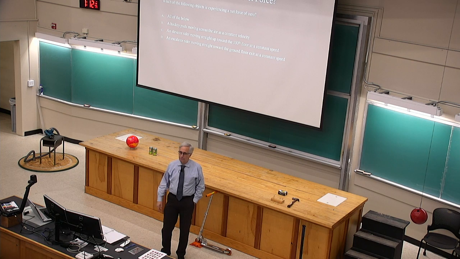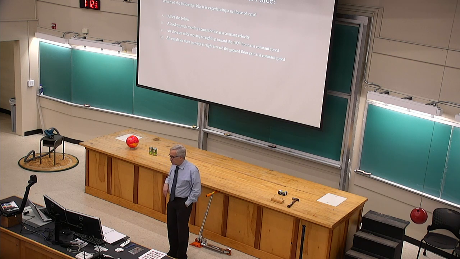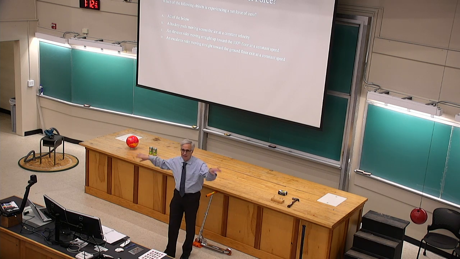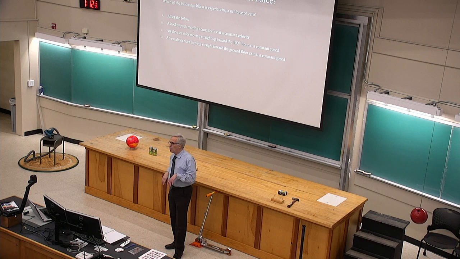It's pretty straightforward for the elevator rider. The elevator rider is going straight up. And we'll see very soon, it's on my short-term agenda here, to talk about weight. The elevator rider is experiencing two forces, and maybe some others that we'll set aside as nuisances. The two forces that really matter are, they have a downward force due to gravity, and this one you've known about your whole life.